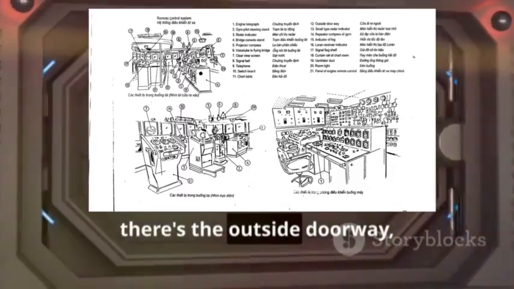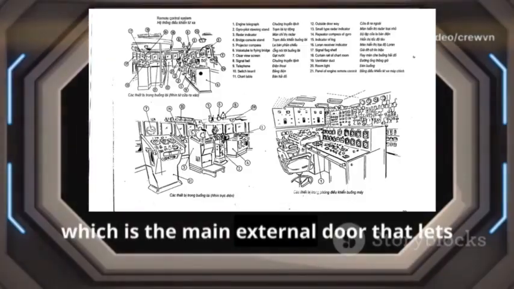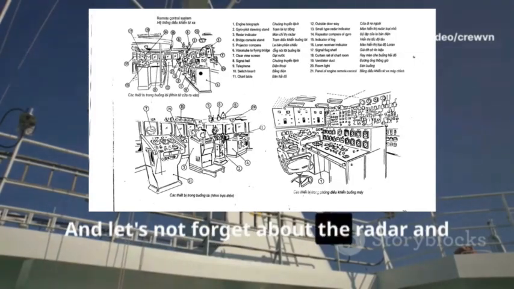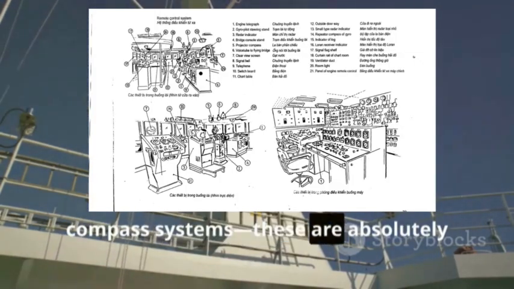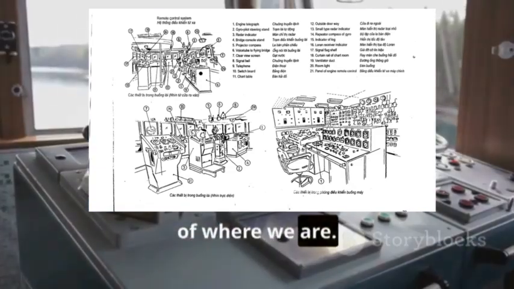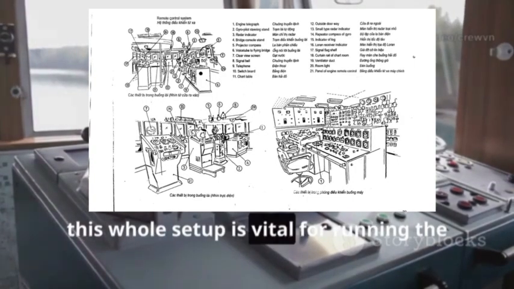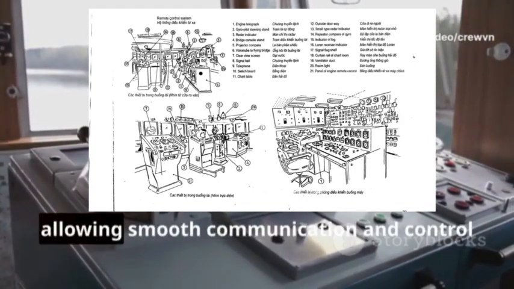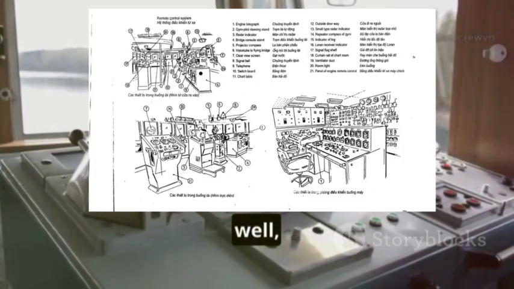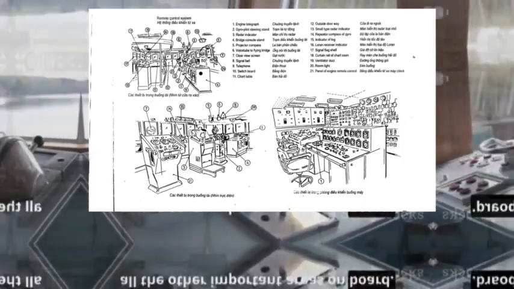Then, of course, there's the outside doorway, which is the main external door that lets you access the bridge directly. And let's not forget about the radar and compass systems. These are absolutely essential for navigation and keeping track of where we are. Altogether, this whole setup is vital for running the ship safely, allowing smooth communication and control between the bridge, the engine room, and all the other important areas on board.